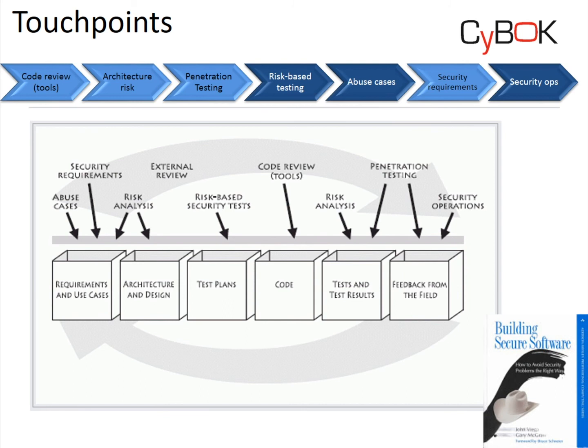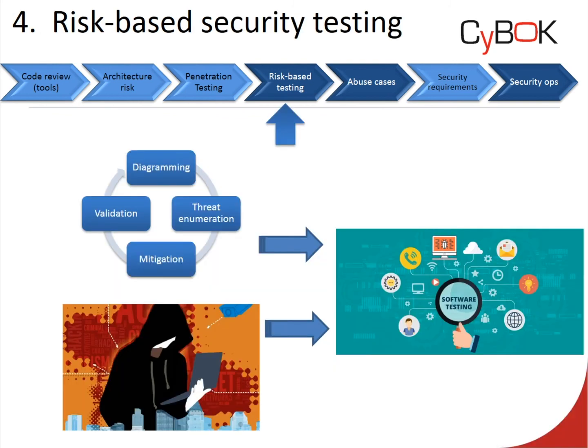So I will just go through the remaining 3. First one, risk-based security testing. What this is saying is, based upon the findings that you have, fold what you learned into testing, planned out security testing. So up at the top, that's threat modeling.